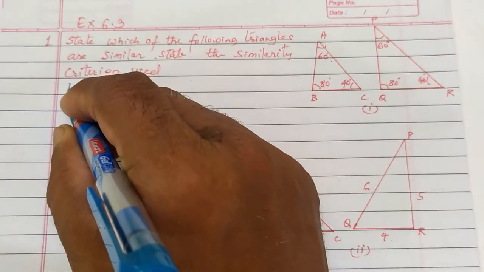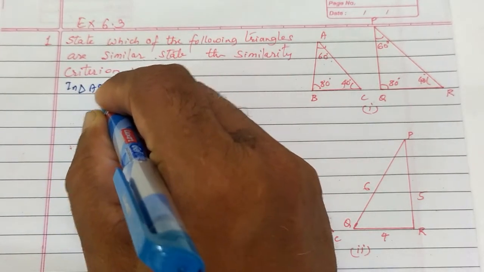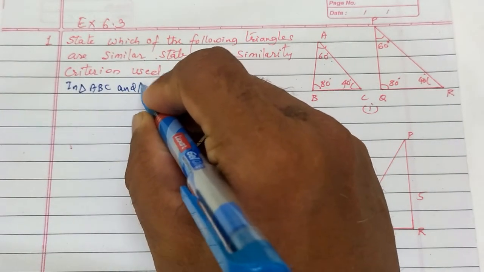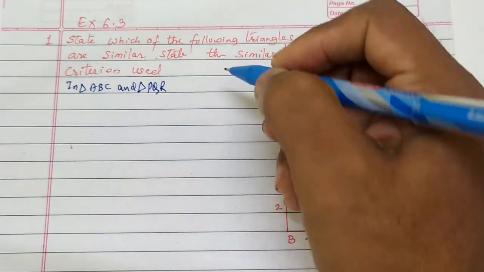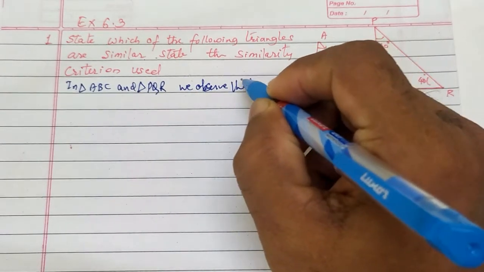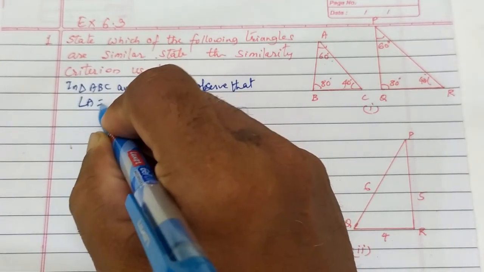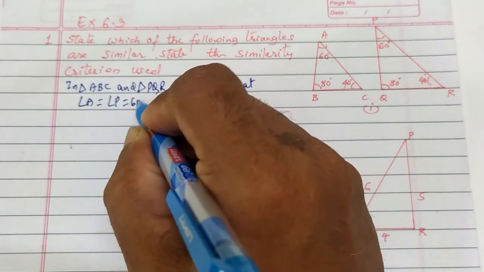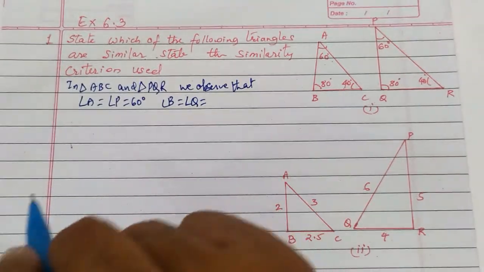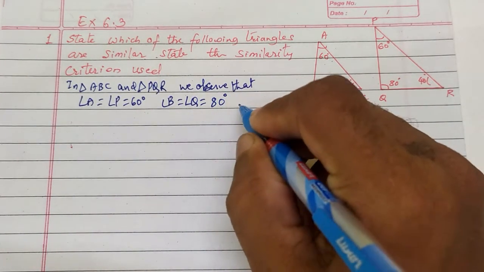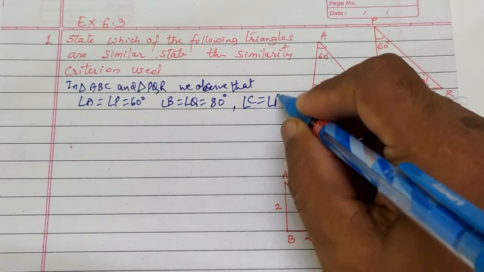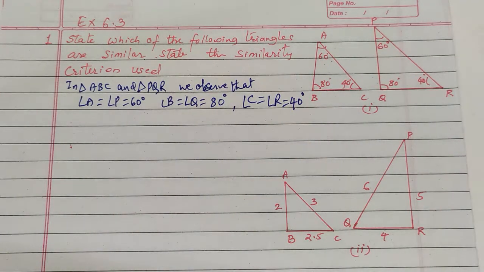So in triangle ABC and triangle PQR, we observe that angle A equals angle P equals 60 degrees, angle B equals angle Q is 80 degrees, and angle C equals angle R equals 40 degrees.